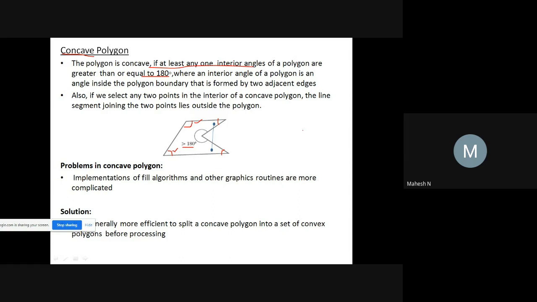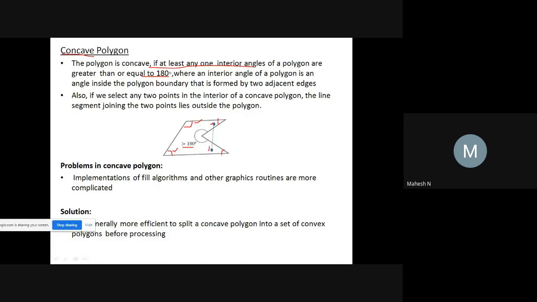Now coming to the second property. If I take two points inside the polygon and draw a line between those two points, I find a part of the line is outside the polygon. This is the difficulty with my concave polygon.